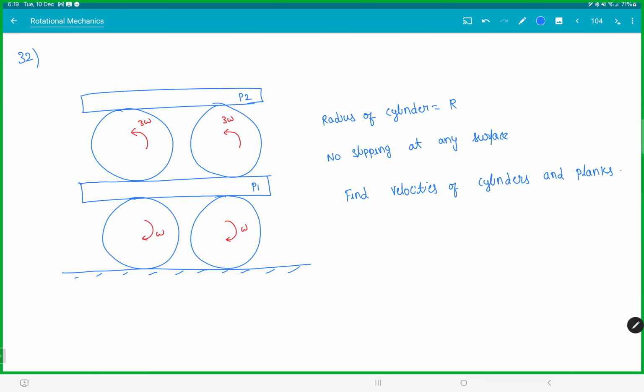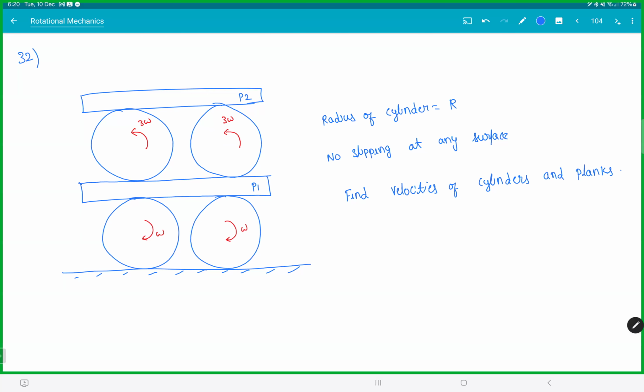Lower cylinders have R omega, P1 and so on. The lower cylinders both will be the same only, so there's no need to find both.